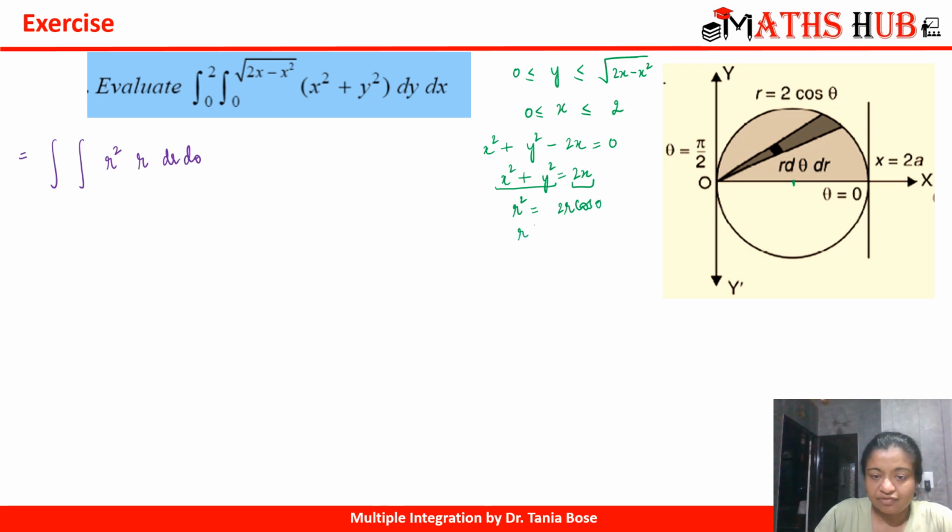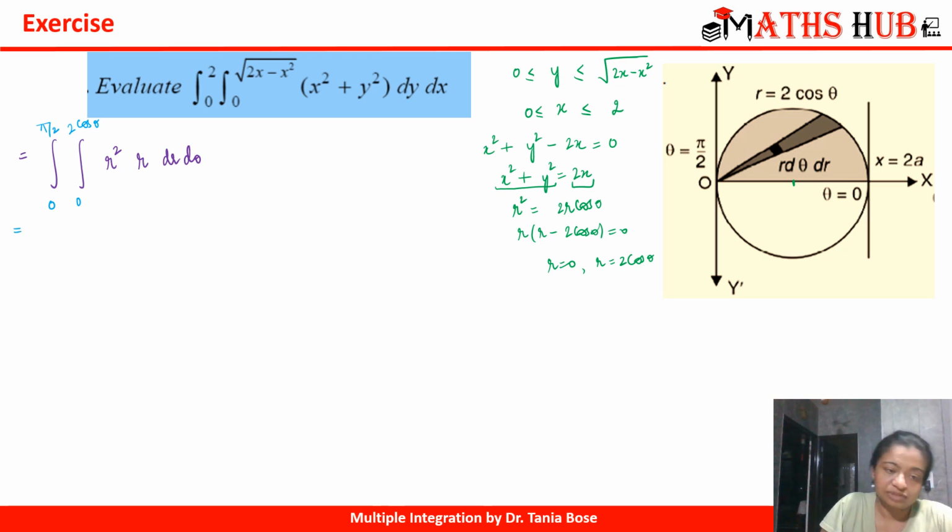If I bring both terms to one side, I get r equal to 0 and r equal to 2 cos theta. So the limits of r are 0 to 2 cos theta, right? And theta is ranging from 0 to, since it's in the first quadrant, pi by 2.